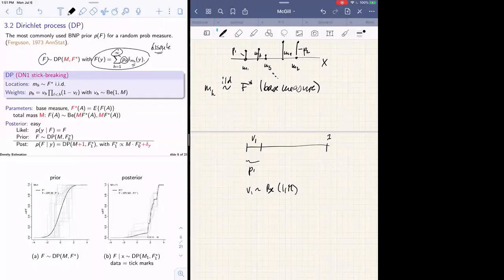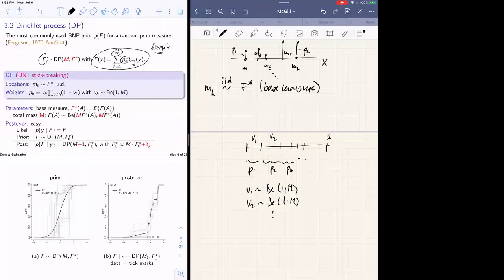This just draws a little fraction that I use for the first weight. From what remains, draw again a fraction, say V2, and that becomes my P2. So the V2 is again a Beta(1, M), and so on. We keep on generating these little fractions, and that generates the desired probability masses.